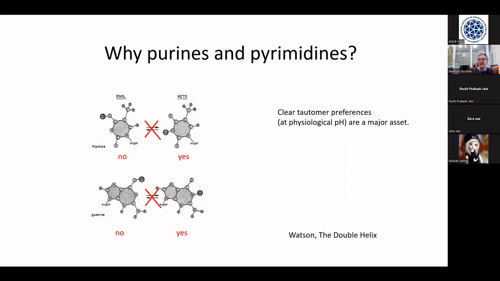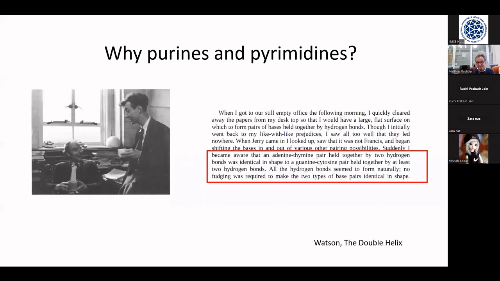And that's, of course, a killer for any information coding polymer. So sure enough, what you want is fixed preferences for tautomers.